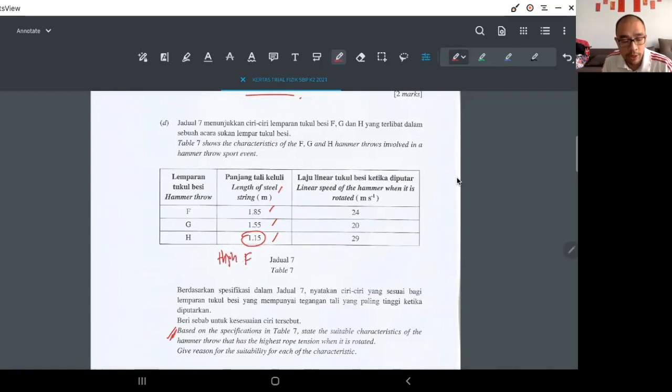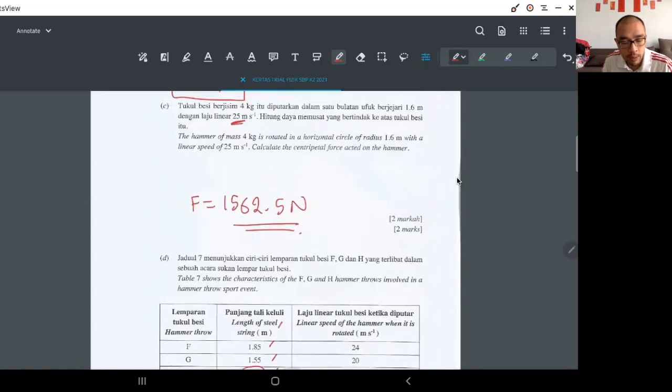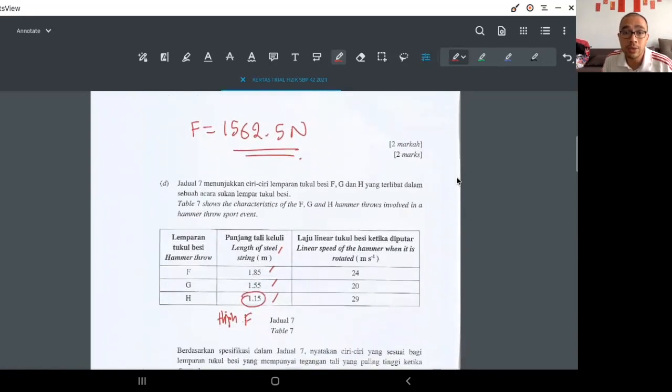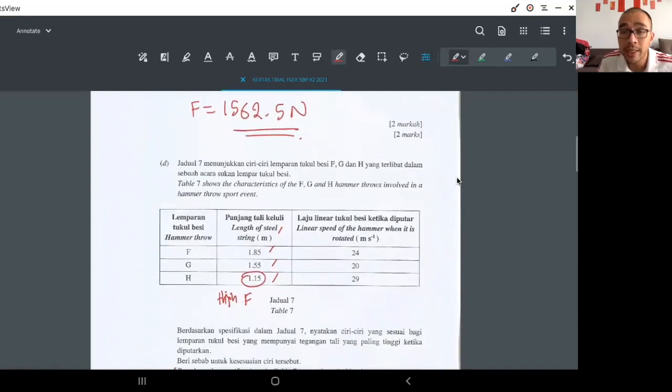Look at the formula. If the R is small, the centripetal force is high. If centripetal force is high, it's easier to throw out, it's easier to throw further, because you don't waste so much energy trying to move it around.